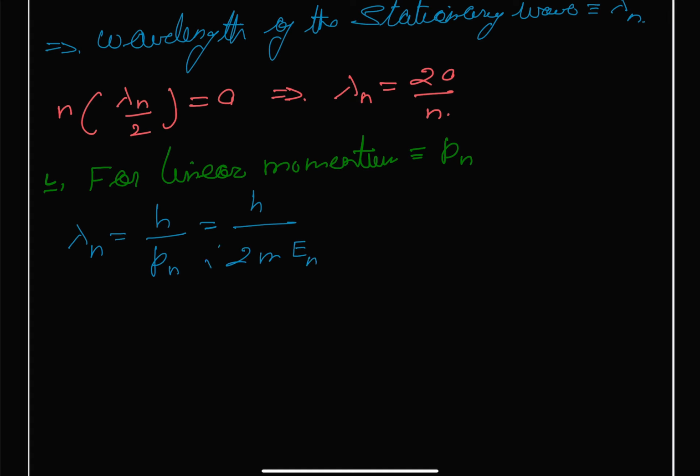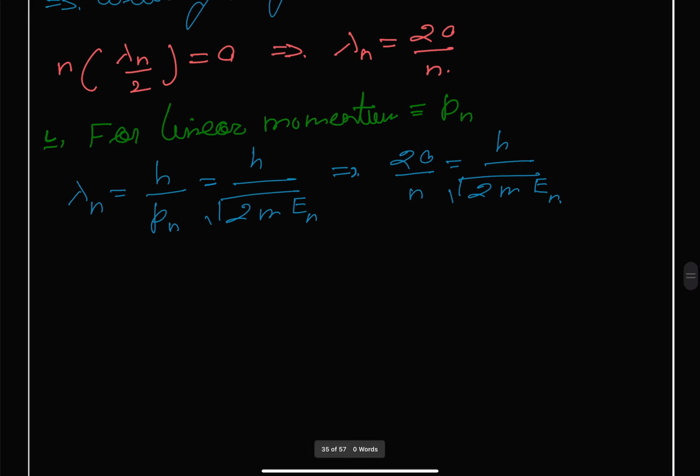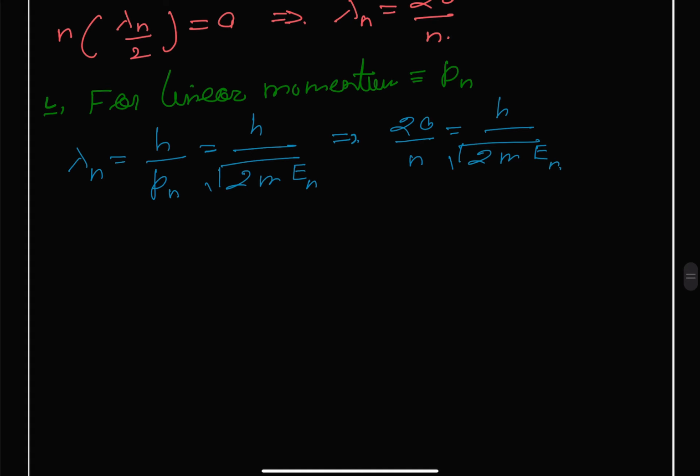Lambda of n we already know, so we can say this will be equal to 2a divided by n is equal to h upon the square root of 2m E of n. So we can just solve this and find out our E of n.